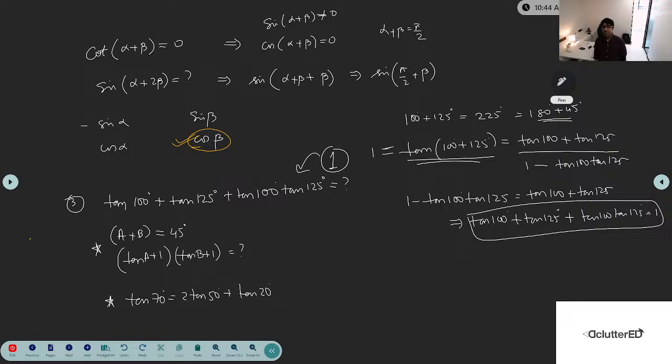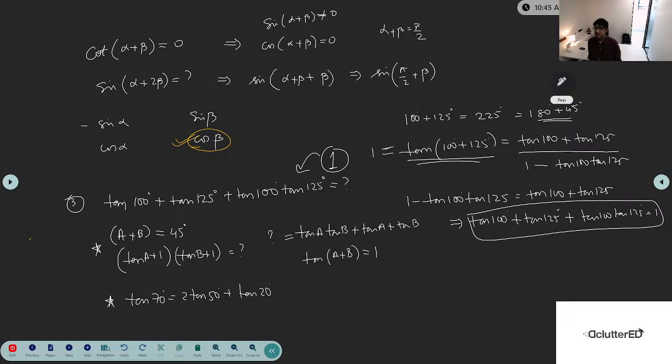Both the other questions are of the same pattern. If I open the brackets for the second question, I will get tan A tan B plus tan A plus tan B is equal to what? And I know tan of A plus B is 1. So when I apply the tan A plus B formula, I will finally get that expression is equal to 1.